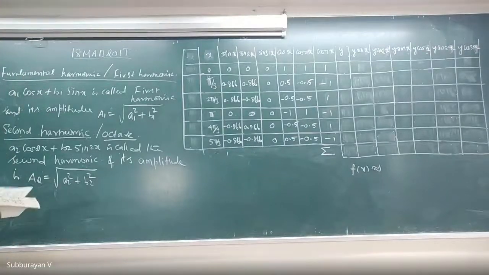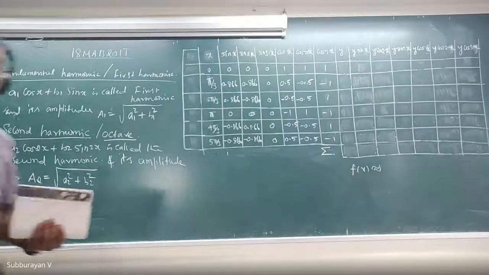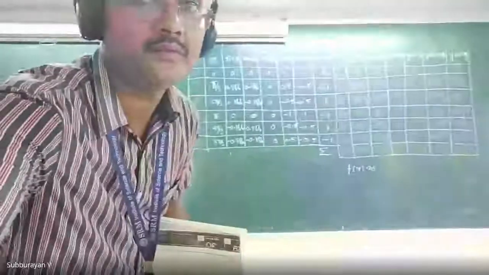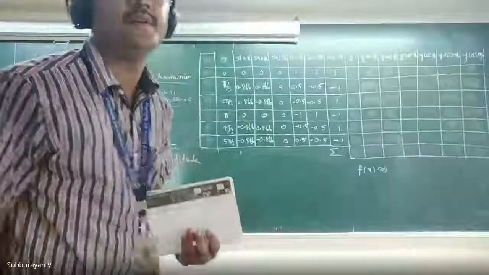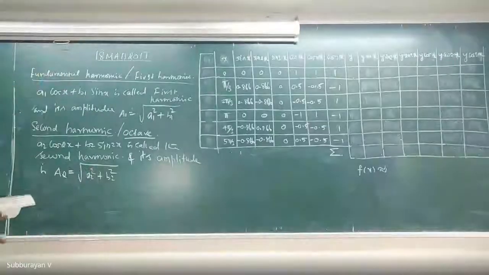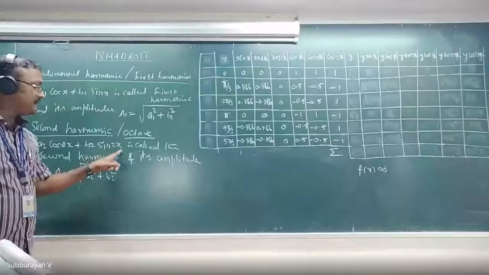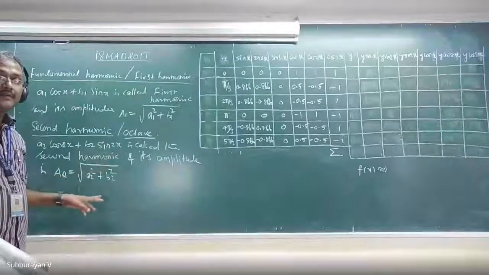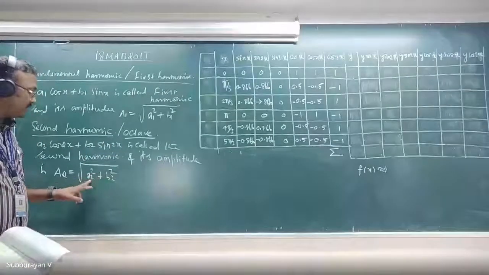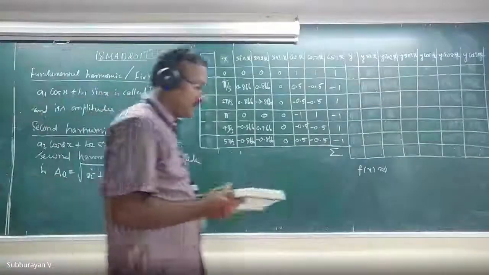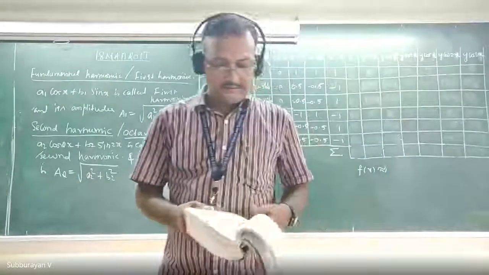So similarly, the third harmonic is A3 cos 3x plus B3 sin 3x. And its amplitude A3, which is equal to under root A3 square plus B3 square, and so on. Okay. See, these are some important definitions.